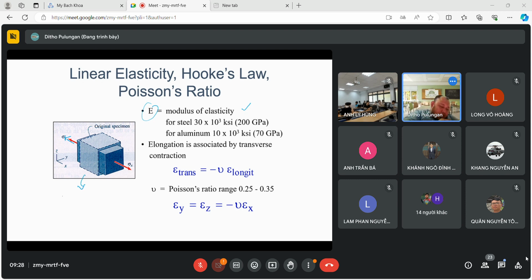How much it contracts is determined by this parameter called nu, the Poisson ratio.